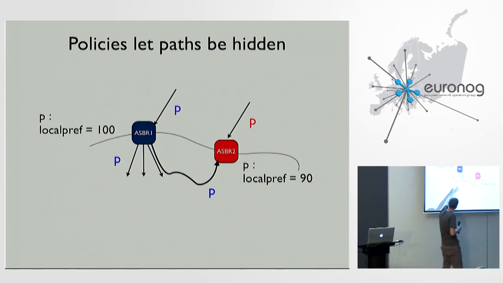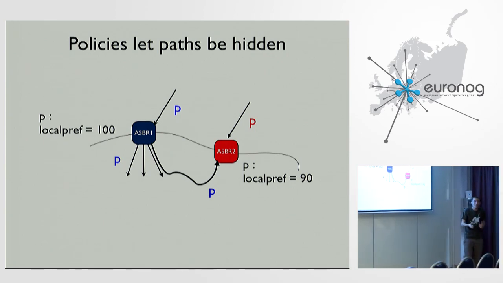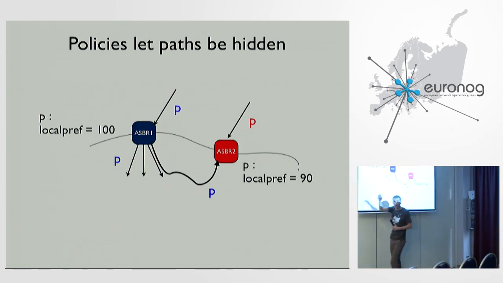So if you have one path, here the blue path with a local pref of 100, and all the other ones for the same prefix are assigned a lower local pref, by default this ASBR will not propagate its external path. So all the other nodes in the network will only know about the blue next hop, and so the PIC will starve. It will not be able to figure out that ASBR2 should be used.